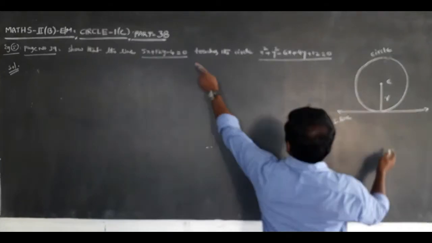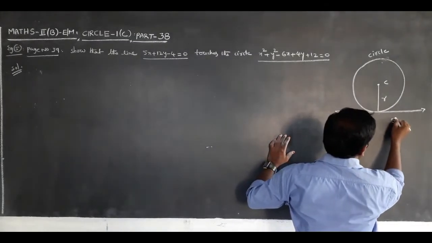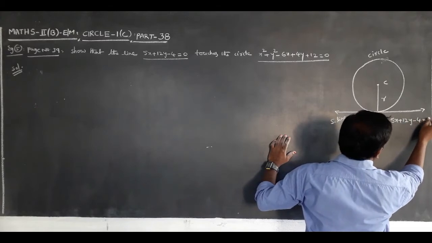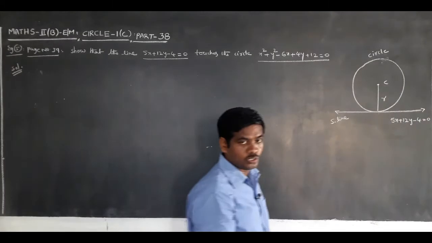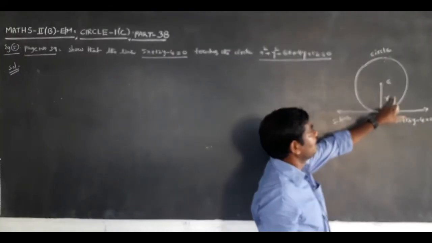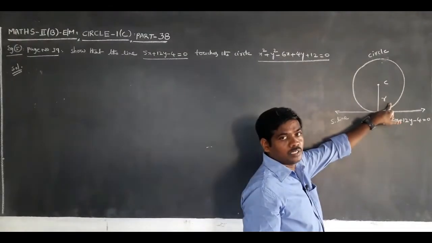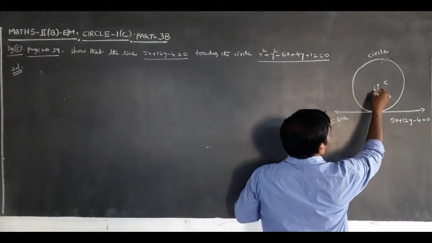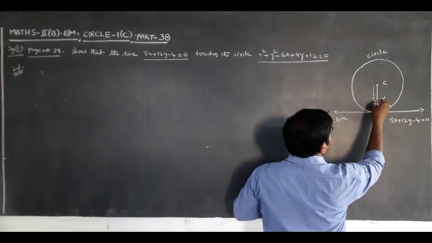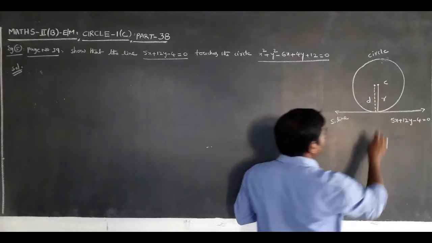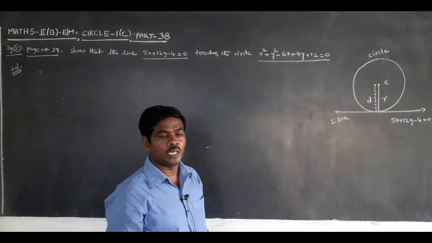Again, here is the equation of the straight line 5x + 12y - 4 = 0. Next, we find the perpendicular distance from the center to the line.